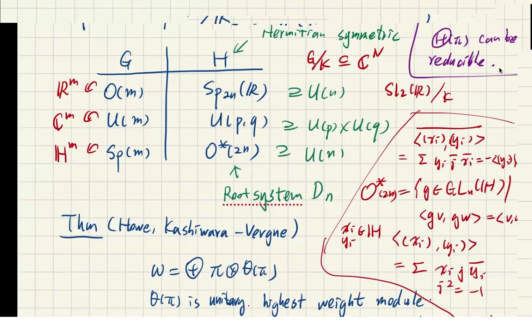But anyway, these modules are fairly simple, just like the Verma module, right? So the (g,K)-module of this kind of holomorphic or anti-holomorphic discrete series are a highest weight module and a lowest weight module, depending on the way you talk about it.